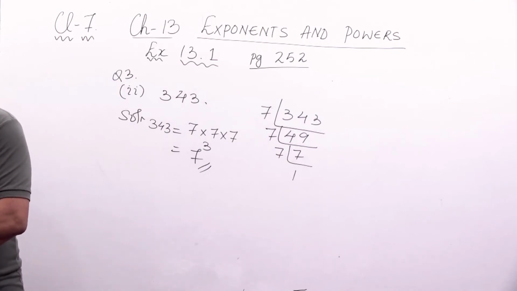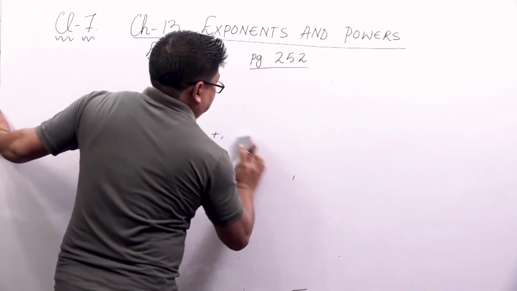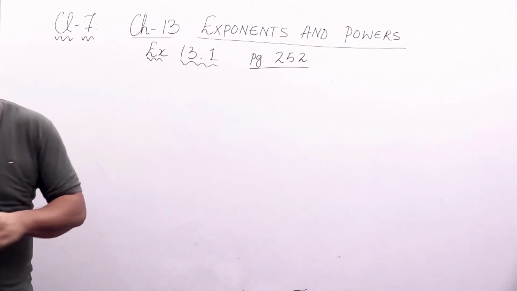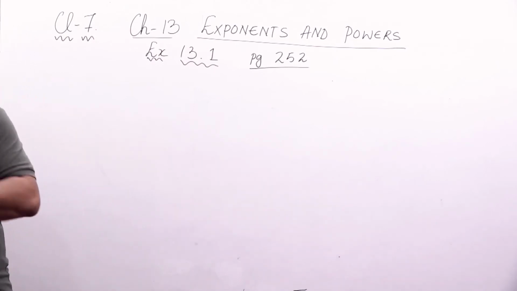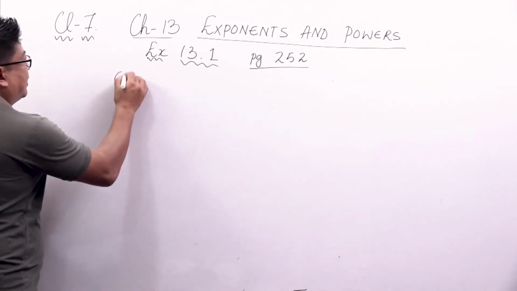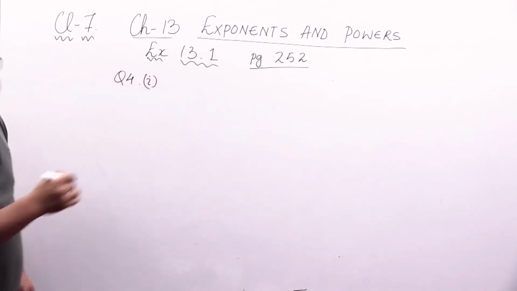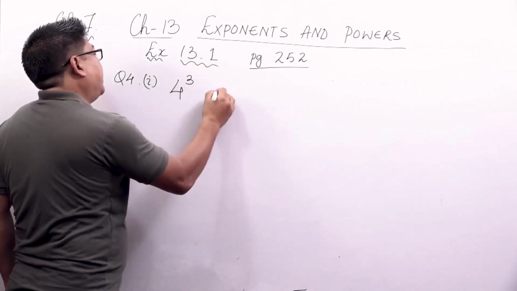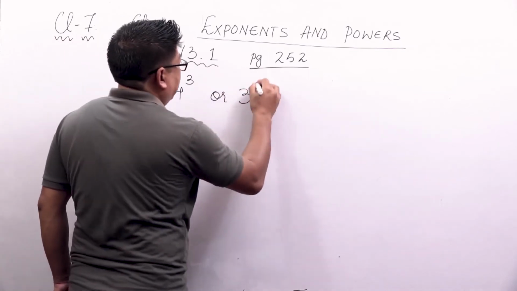The next question is to identify the greater number, all right? They are asking us to identify the greater number wherever possible in each of the following. Question number 4, 1. The question is 4 to the power 3 or 3 to the power 4.